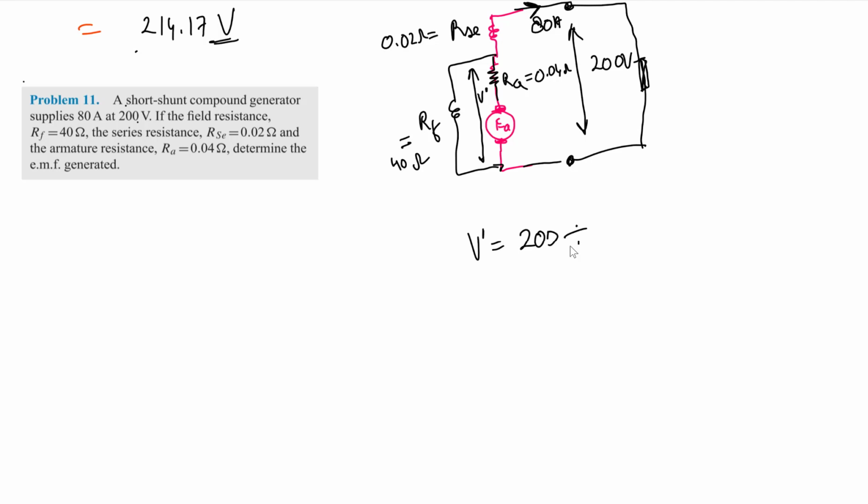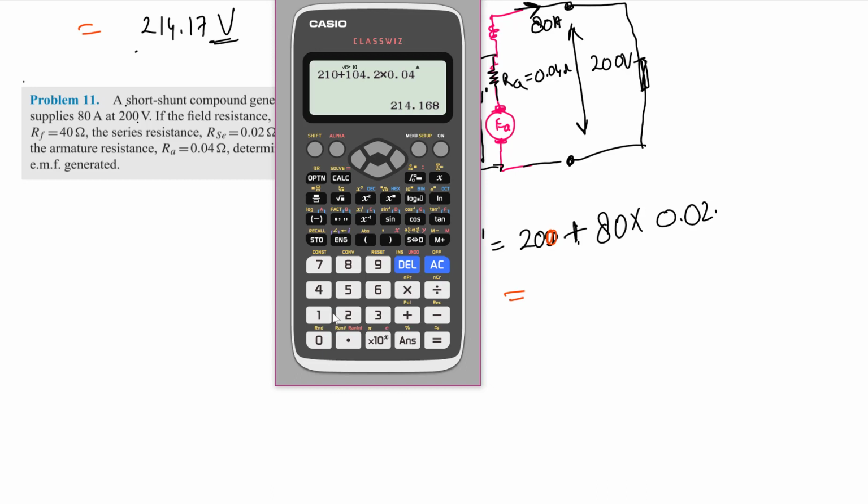The drop is V equals I into R, so 80 ampere into 0.02 ohm, which is 1.6.